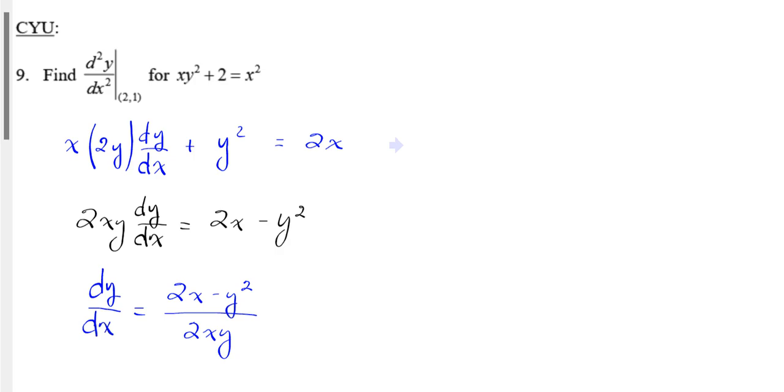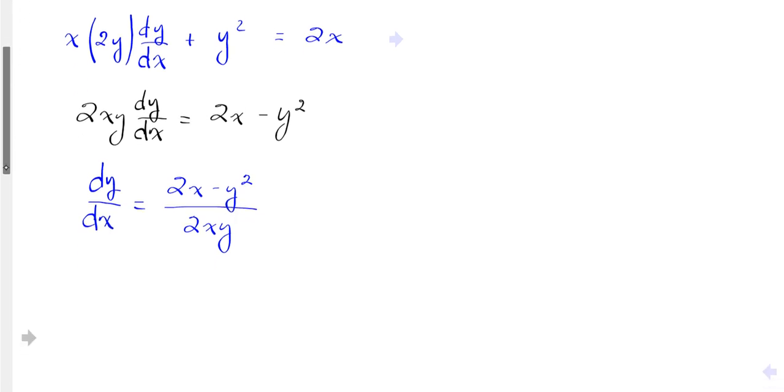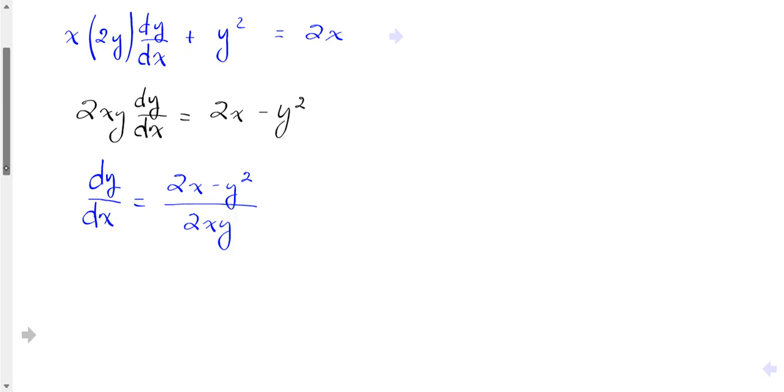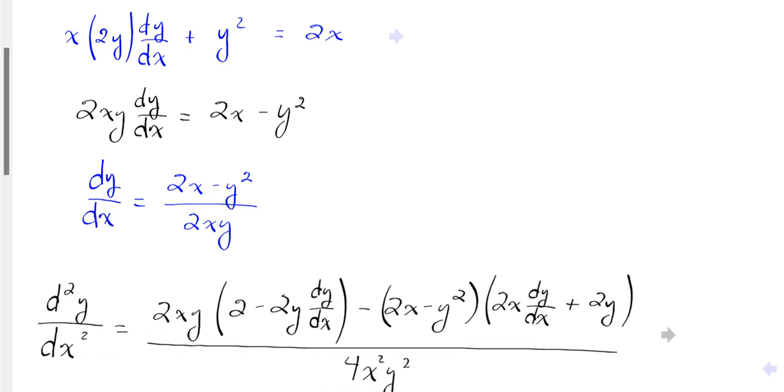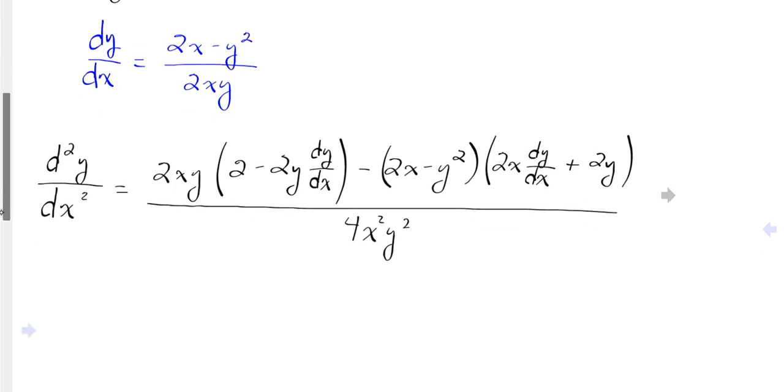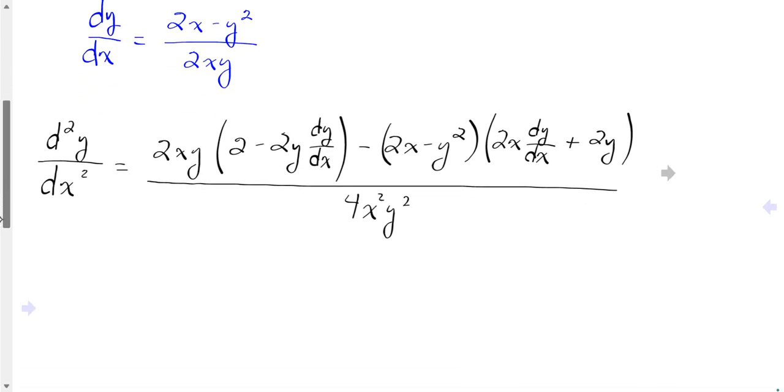Everybody good with my first derivative? Yep, that's going good. You need what? Oh, okay. So then we'll do the derivative of this. That'll give me the second derivative. Low d high minus high d low. Square the bottom, there you go.